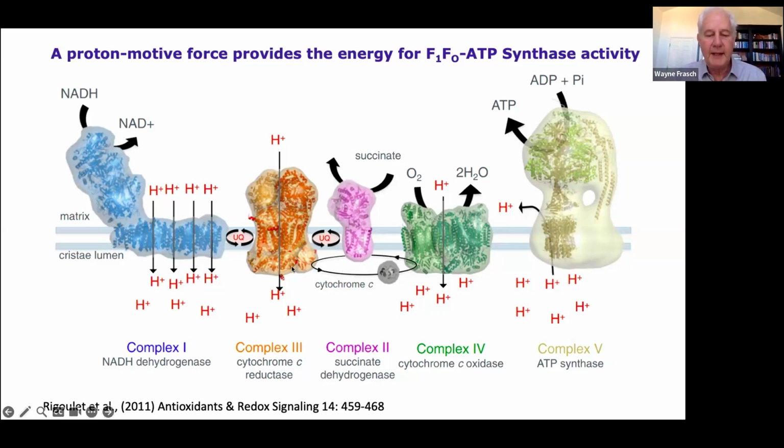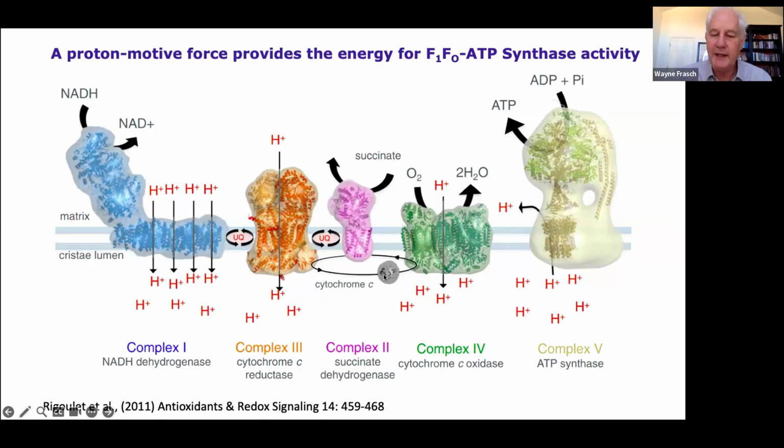Ultimately, the electrons get transferred to a small molecule protein called cytochrome C that moves the electrons over to complex 4, where oxygen then is reduced.